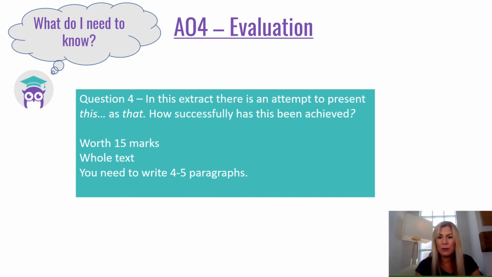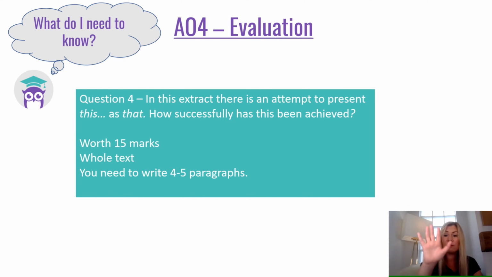So, for example, it might be in this extract, there is an attempt to present a character as lonely, or in this extract there is an attempt to create tension or a mysterious atmosphere. How successfully has this been achieved? So we always know it's evaluate, but we just don't know exactly what it is that they want the focus to be. As I said before, it's worth 15 marks.